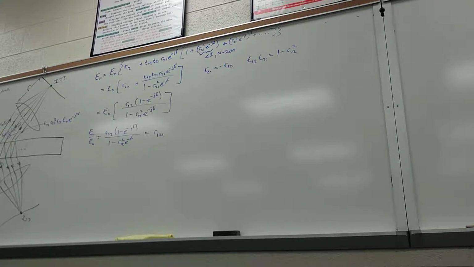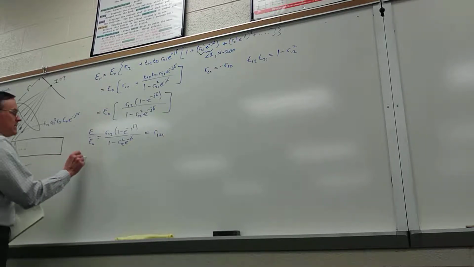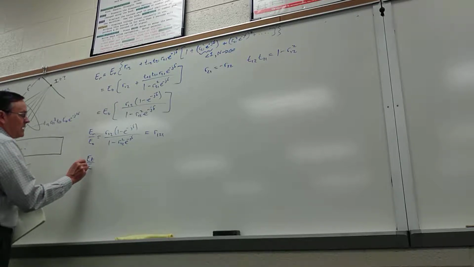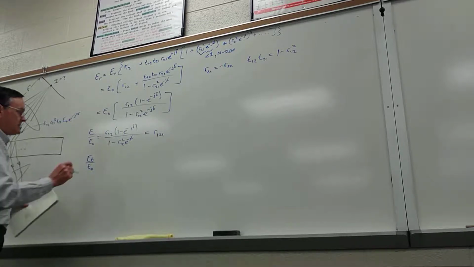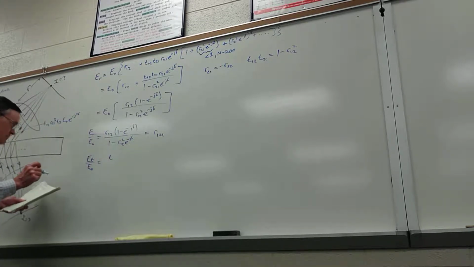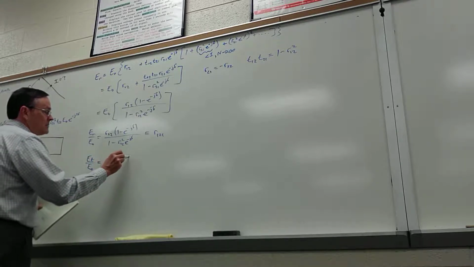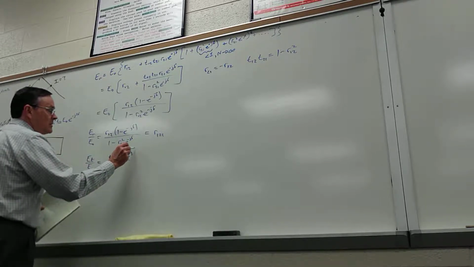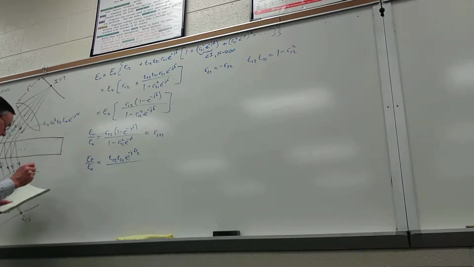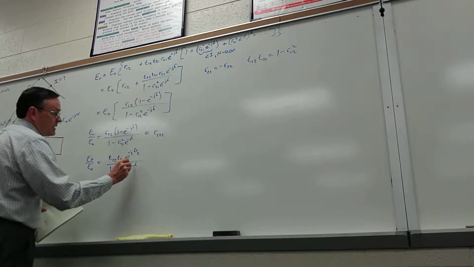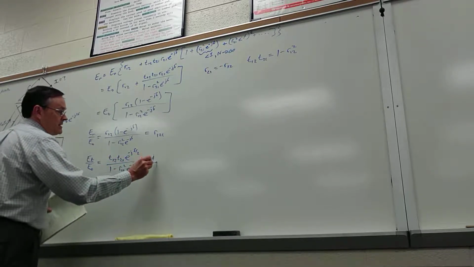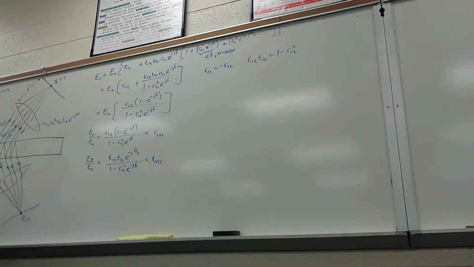Okay, so we could do the same thing for the transmitted, and I'm not going to do the steps. I'm just going to write down the result. And have this total transmitted field divided by the incident field, and it's equal to T12, T21, e to the minus j delta over 2, divided by 1 minus R12 squared e to the minus j delta, and we can call that T121, the field transmission coefficient of the system.